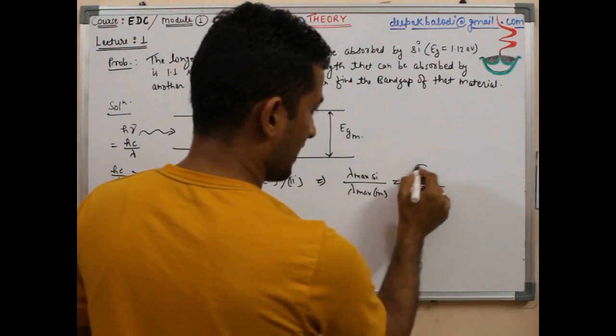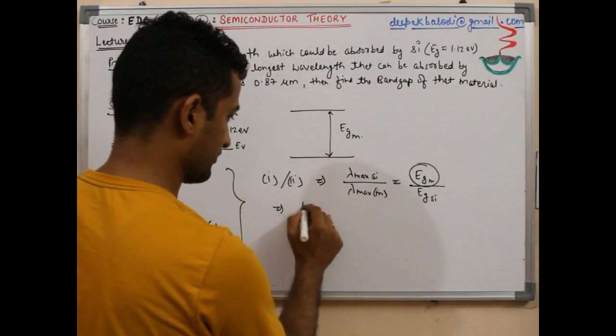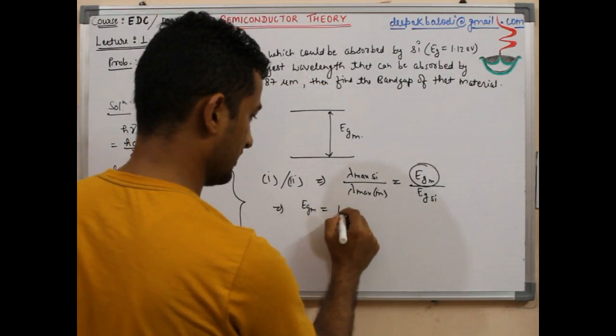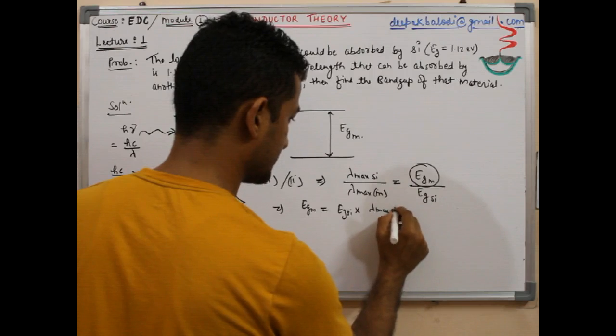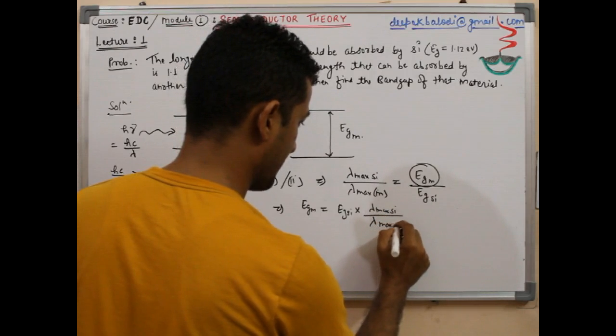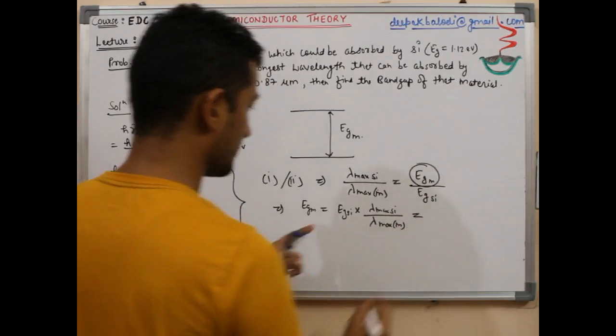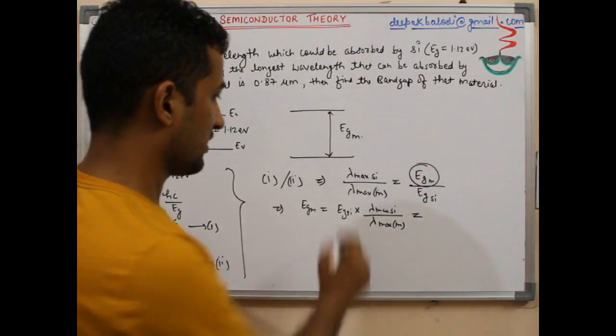So out of that we have to calculate this. EgM is Eg of silicon into lambda max for silicon upon lambda max for that material. Now we can put in the values. It has been given from here itself.